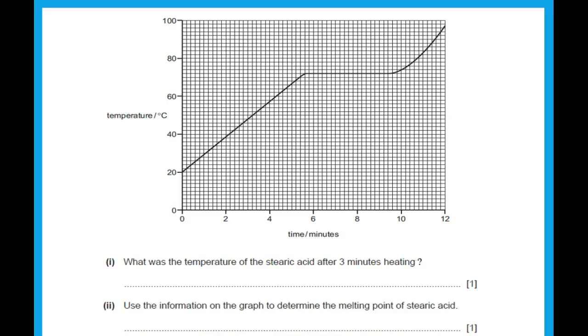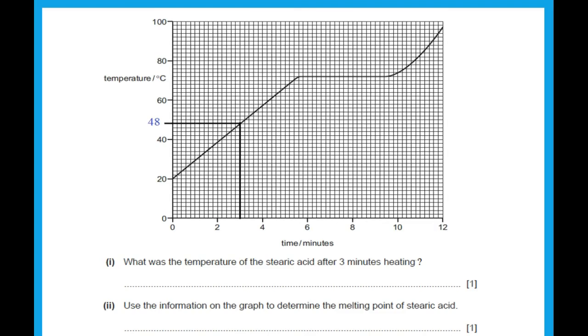Okay, this is another graph, so this is another heating curve. What was the temperature of stearic acid after 3 minutes of heating? So 3 minutes, where is 3 minutes in the graph? You should use a ruler and draw this. 3 minutes is at the bottom of the graph. You use a ruler to go up to the graph and then draw a horizontal line, and try to decide that point is what?